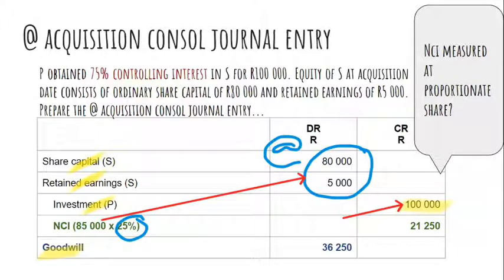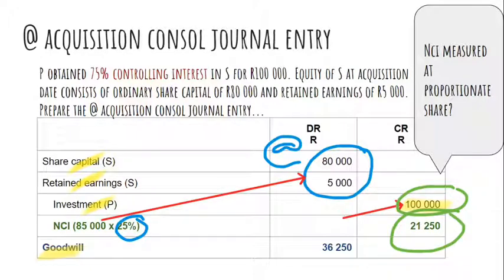So what does this goodwill of 36,250 Rand mean? It means that the parent was willing to pay 100,000 Rand for his proportionate share, and the parent measured NCI's proportionate share as 21,250 Rand.